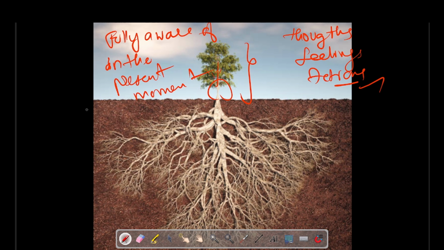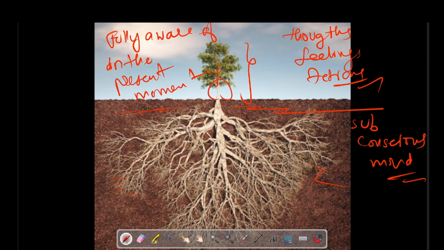Now come to the preconscious mind. This preconscious or subconscious mind is just like the soil around the roots. What does the soil do? The soil stores the nutrients and passes them to the tree. The tree needs energy.